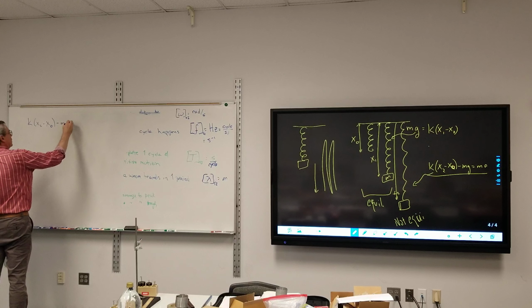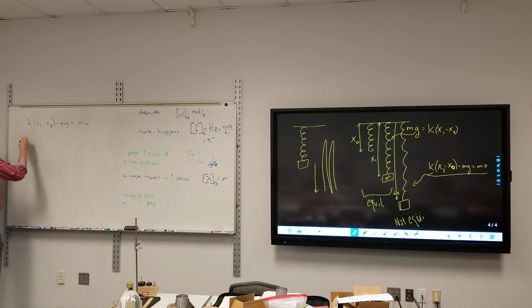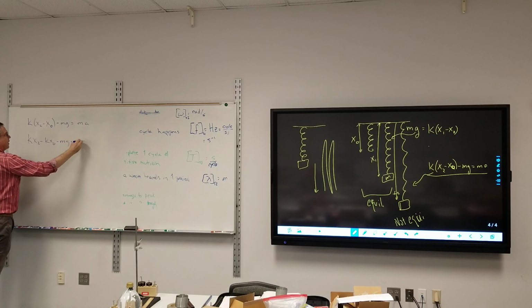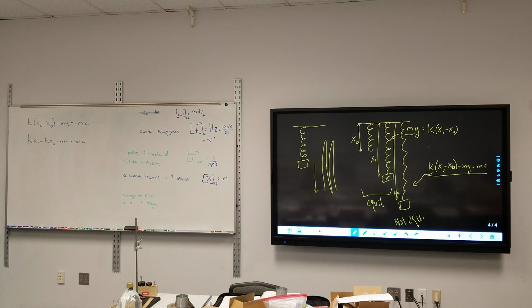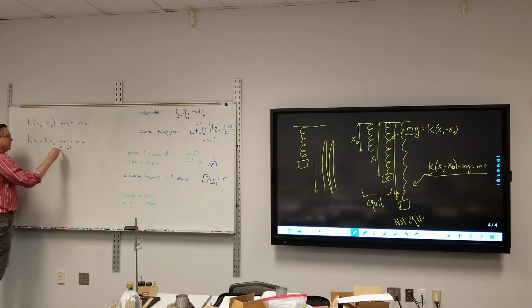Minus mg equals ma. Go ahead and distribute here. We get k x2 minus k x0 minus mg equals ma. I know from the second situation there, where it's in equilibrium with a mass on it, mg is equal to k times x1 minus x0.